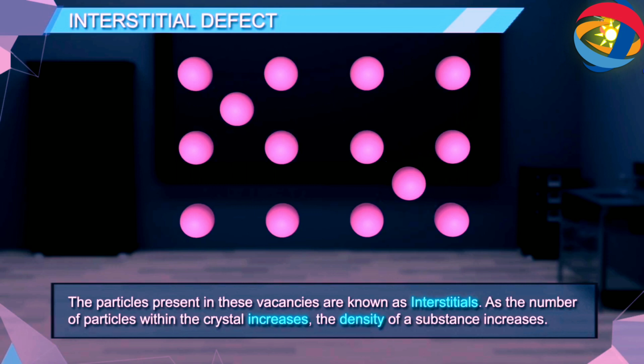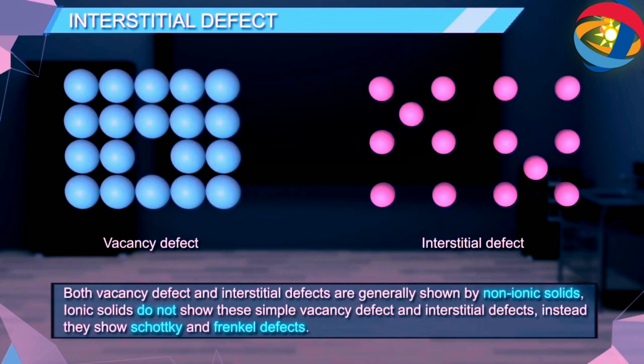As the number of particles within the crystal increases, the density of a substance increases. Both vacancy defect and interstitial defects are generally shown by non-ionic solids. Ionic solids do not show these simple vacancy defect and interstitial defects. Instead, they show Schottky and Frenkel defects.